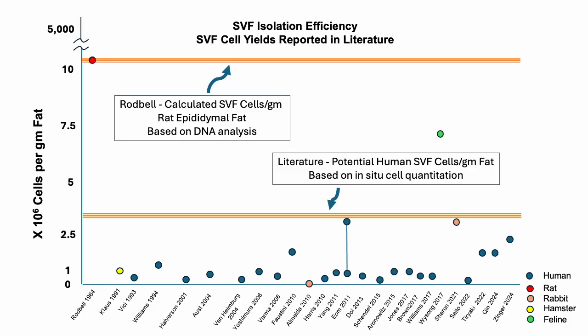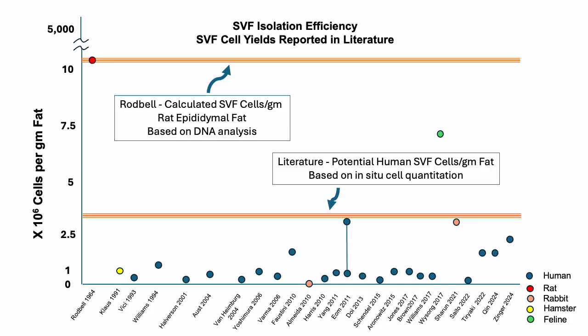And then you see Rodbell, of interest, the number of cells that he calculated in the stromal vascular fraction was over 10 million cells per gram of fat. He did this based upon a direct DNA analysis. Ordered from 1964 through 2024, you see a relatively tight distribution of cell yield around 1 million cells per gram of fat.